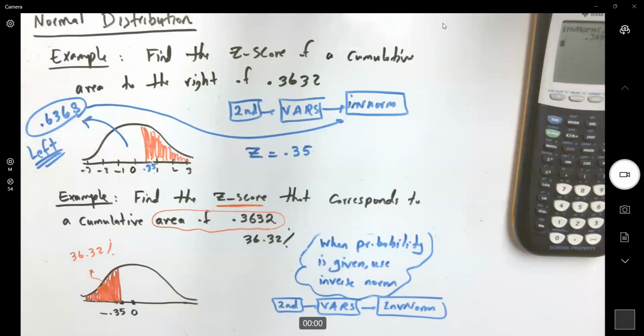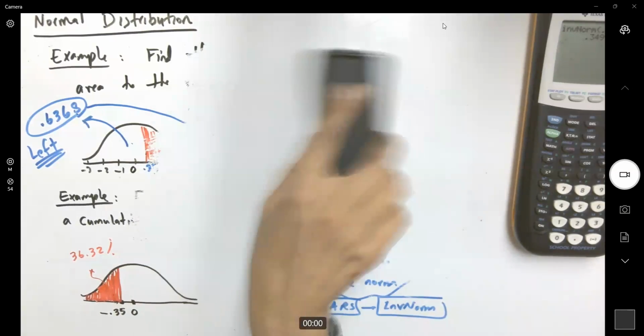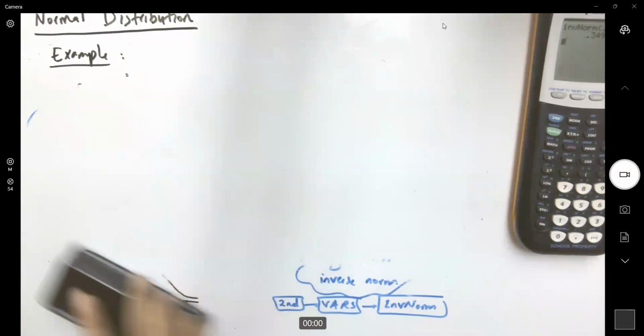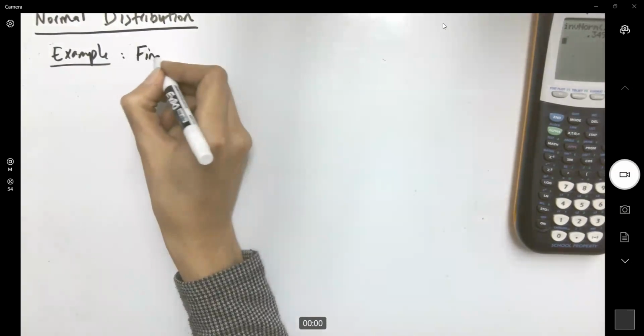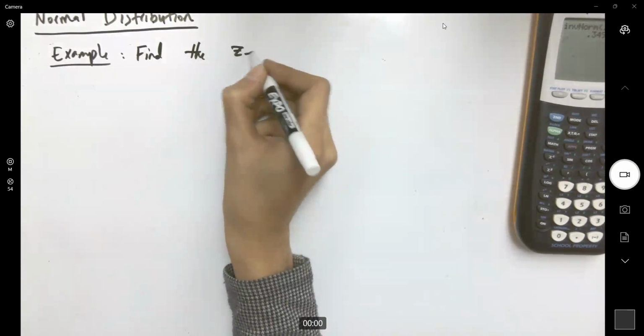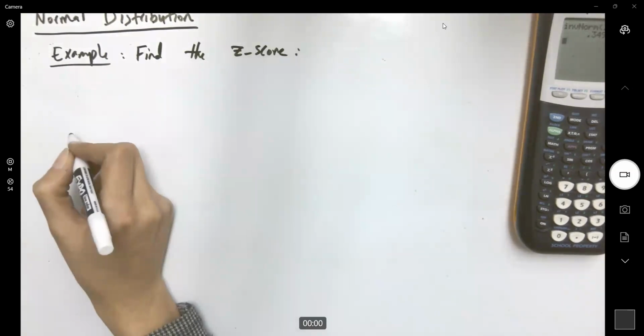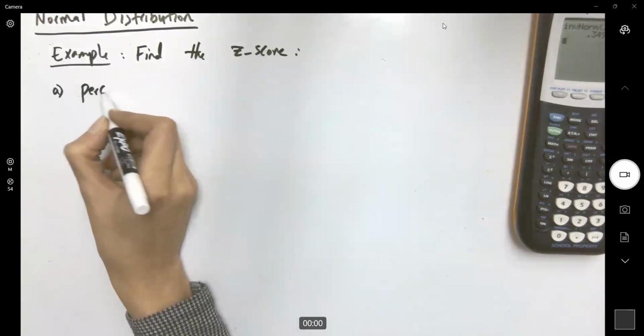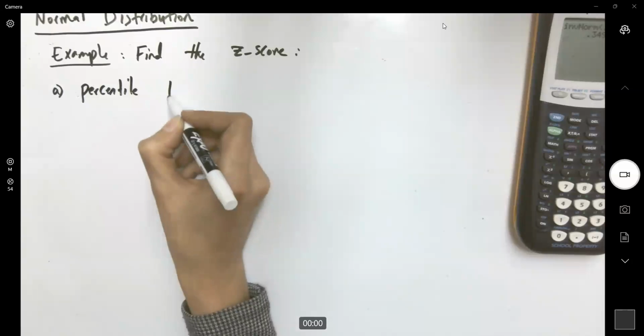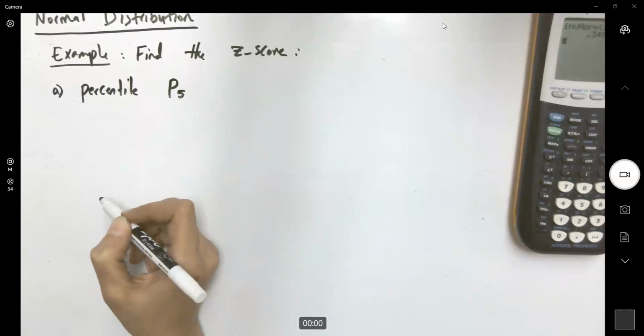Question says, well, what is the Z value for the percentile? Find the Z score. The first one is the Z score that corresponds to percentile P sub 5.